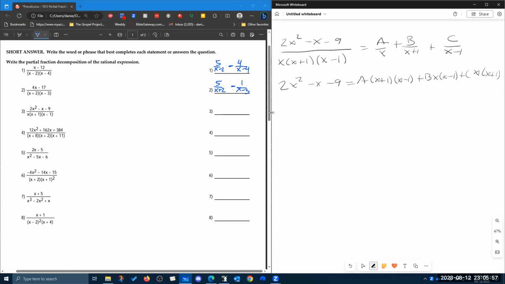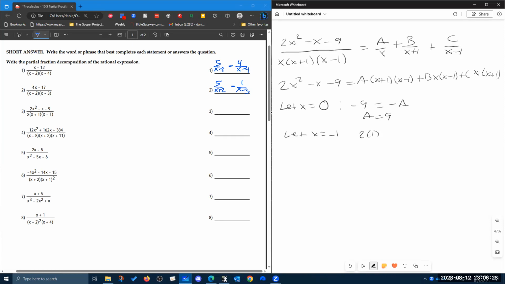Since I have distinct linear factors, I'm just going to let x equal 0 to start off with so that b and c go away. And when that happens, I get negative 9 equals negative a, and a equals 9. Then I want a and c to go away so I can solve for b, so I'm going to let x be negative 1.